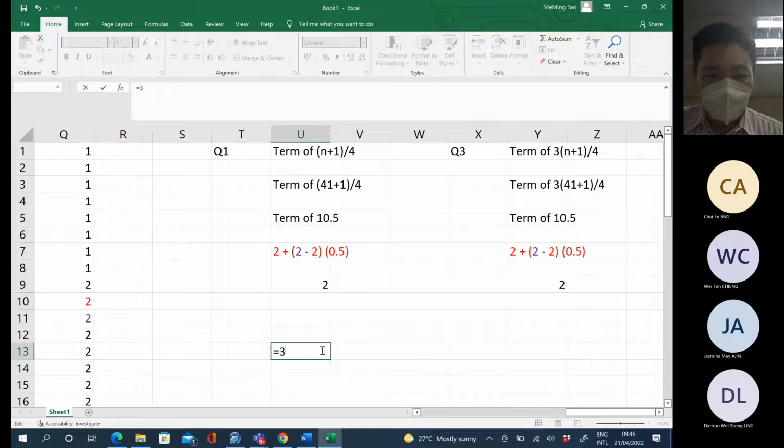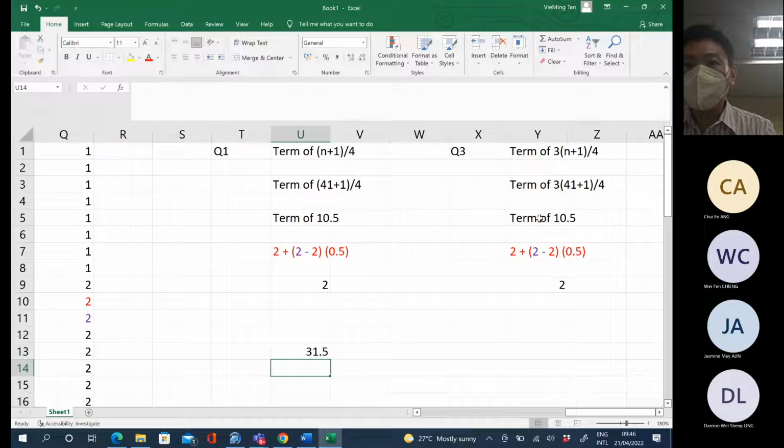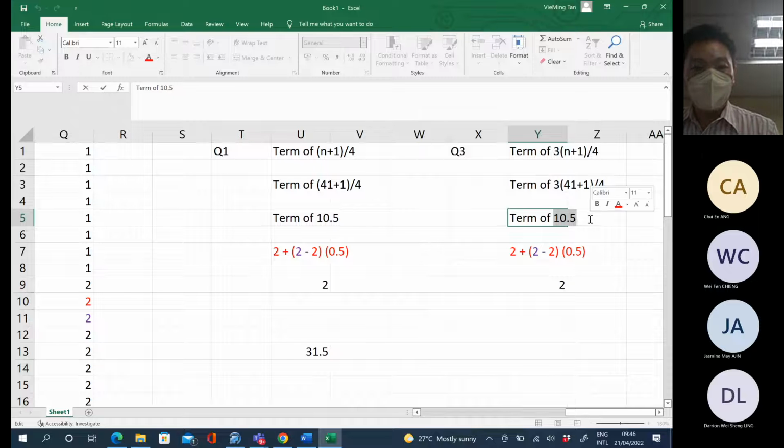Let me see my multiplication symbol. 31.5. Okay. This is the location of your Q3, 31.5.